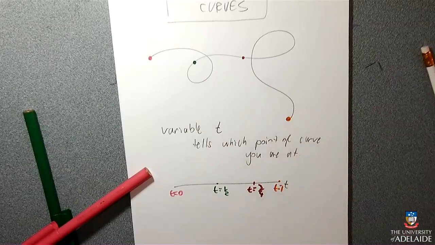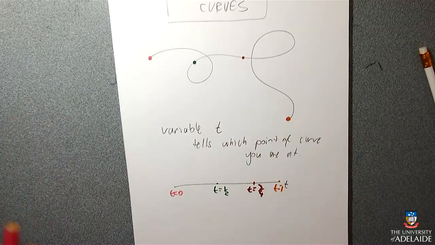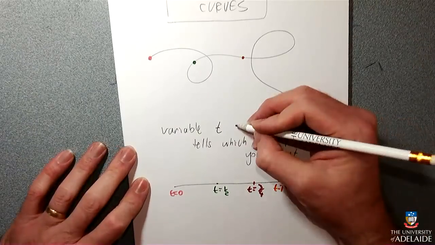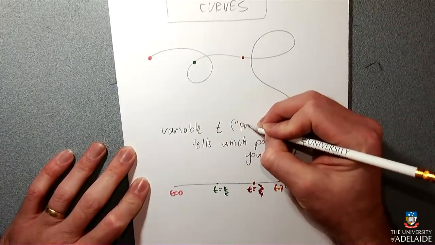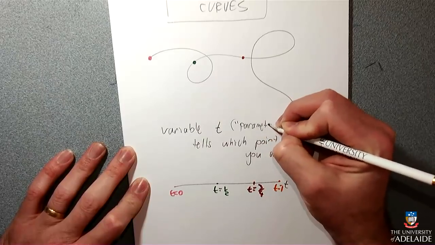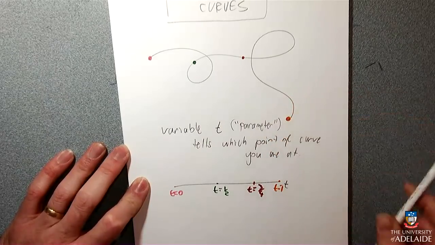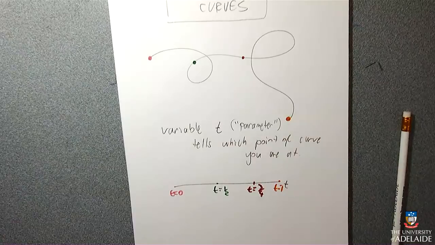Each point here produces a point there. That's how a mathematician thinks about a curve. There might be more than one way of describing a curve using a number like this, which is called a parameter, which is why we call them parametric curves.